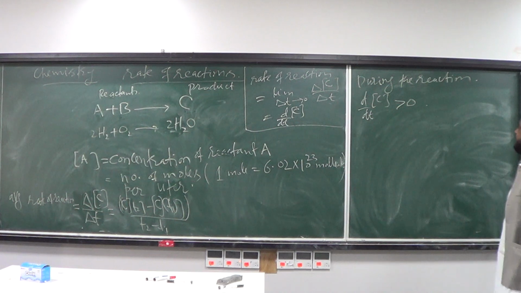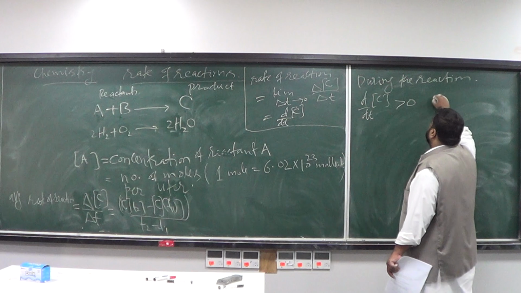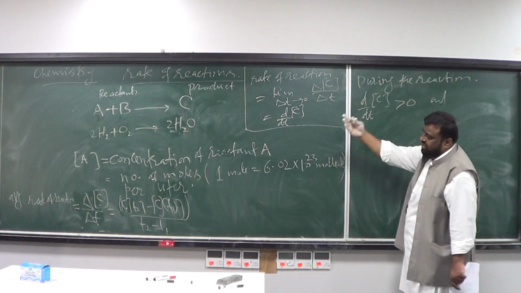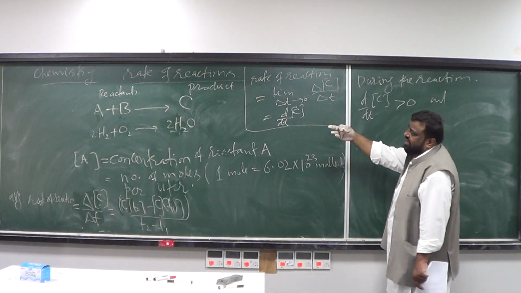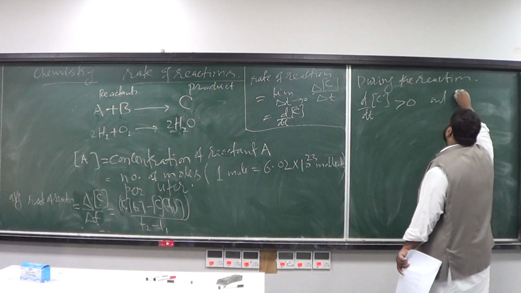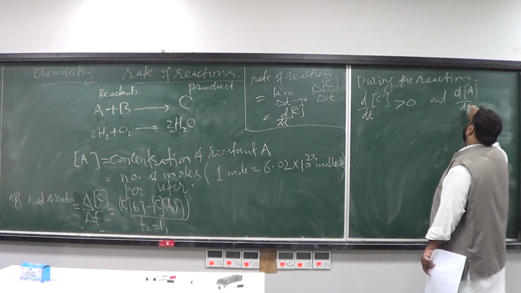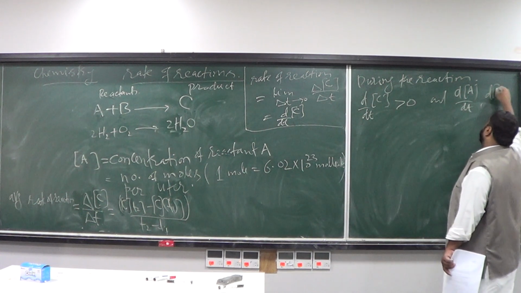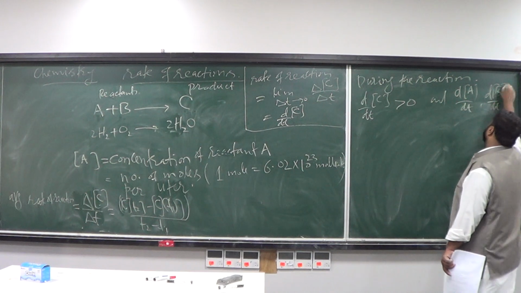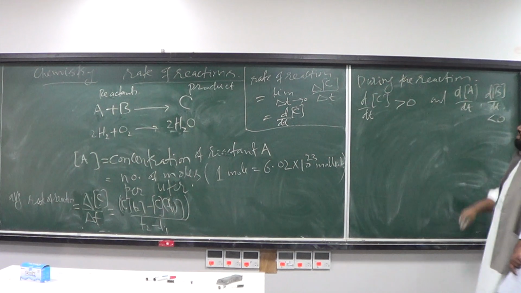And if the concentration of the product is increasing, then the concentration of the reactants A and B would decrease actually. And dA over dt and dB over dt will be negative. These will be negative.